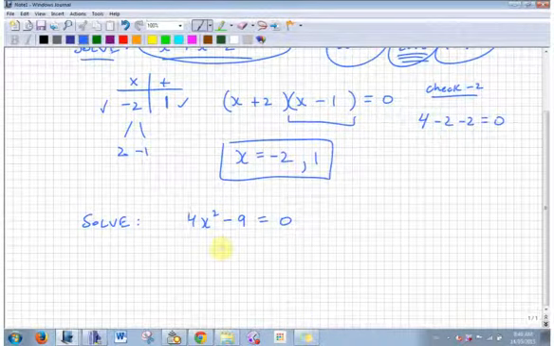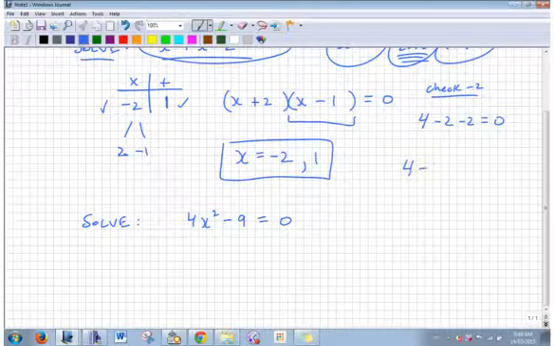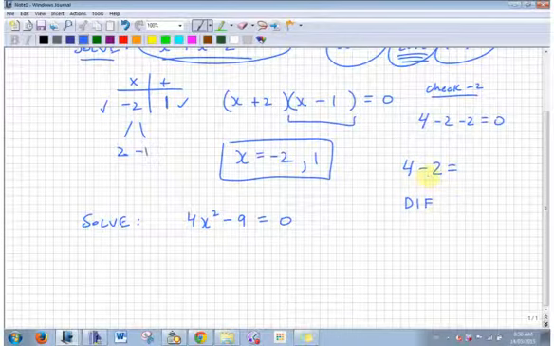Anyone remember the name of this? What's another word for a minus sign? Subtract, or starts with a D. Between 4 and 2, what's the difference? Difference.